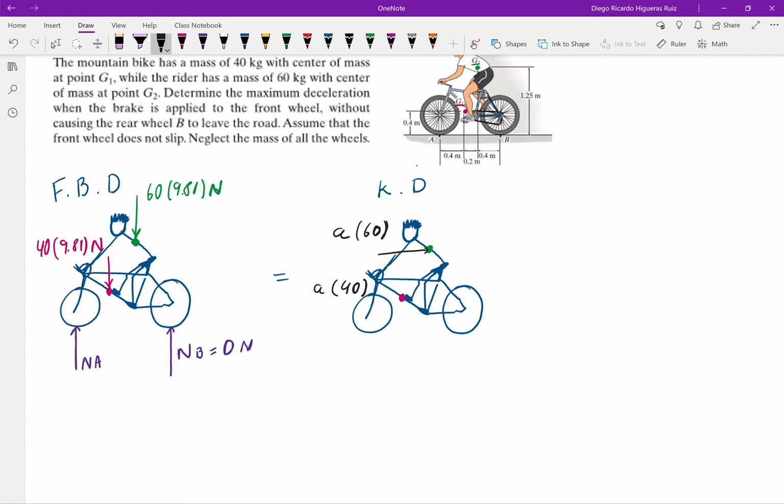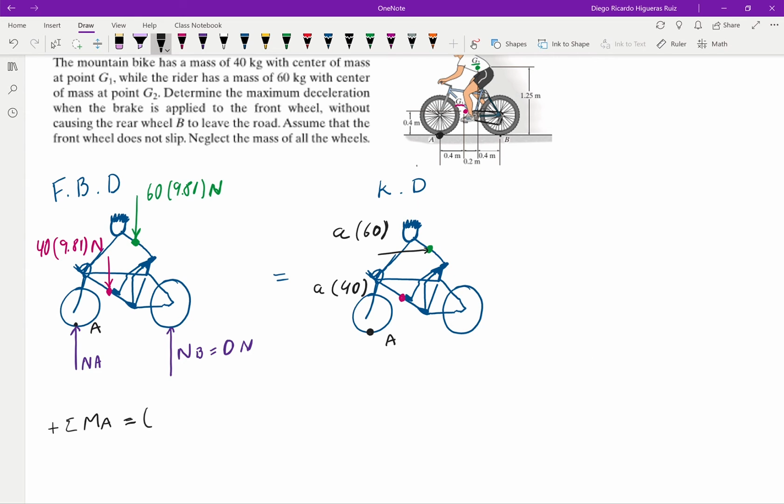So if we go ahead and apply the equation of motion for the moment around point A right here, let's do that. That's going to be equal to the kinetic moments that happen around point A, okay?